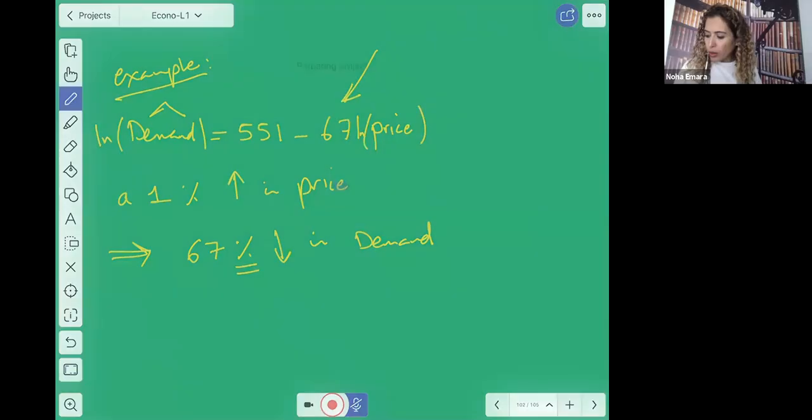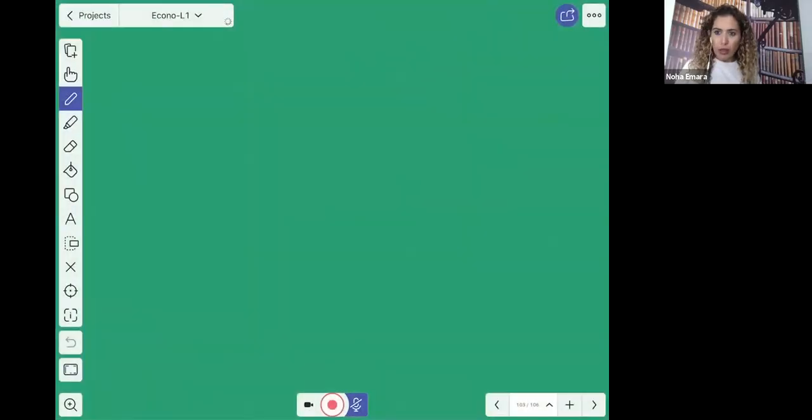Okay, so having covered the three types of log models, the question would be, okay, how do these models look? So I know that in our first introduction to econometrics, we had a linear model, which is, okay, this is y and this is x. This is just a linear model.